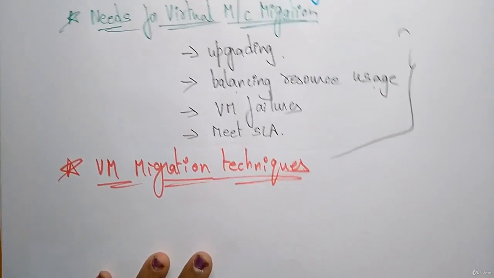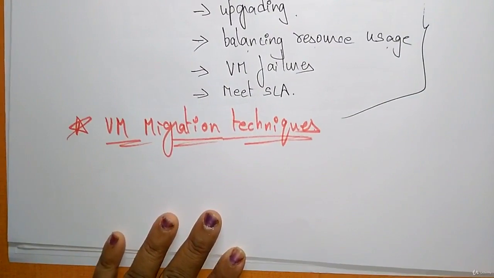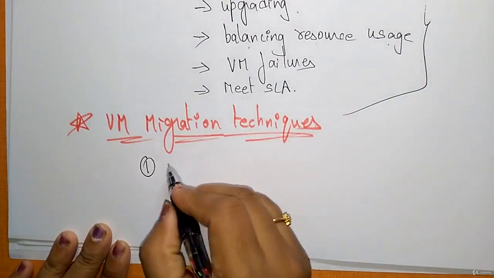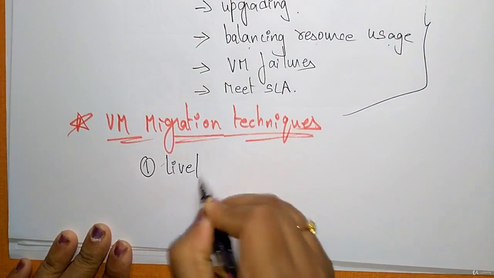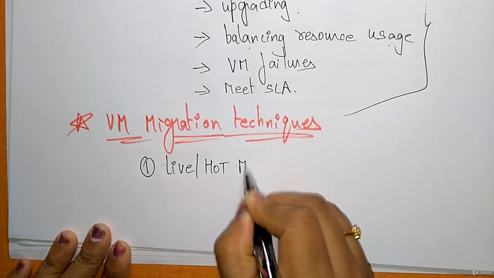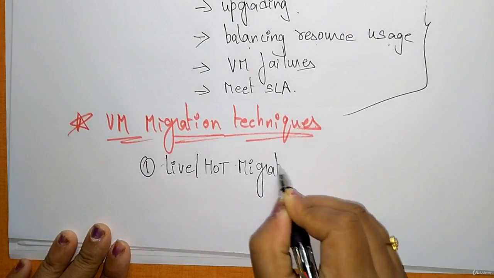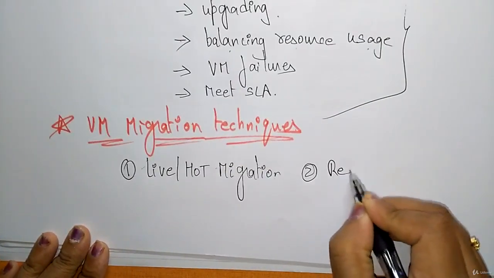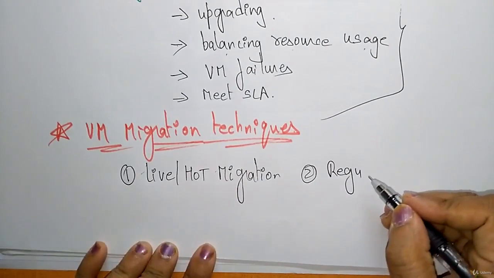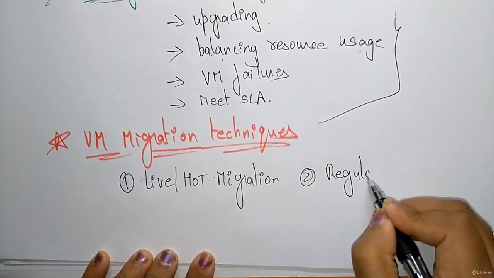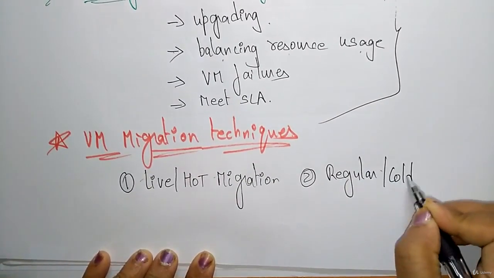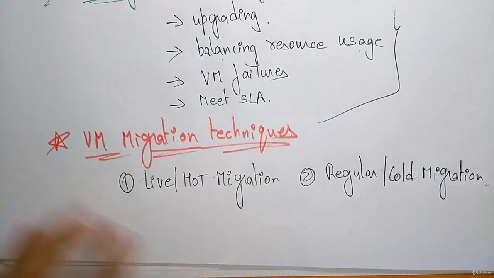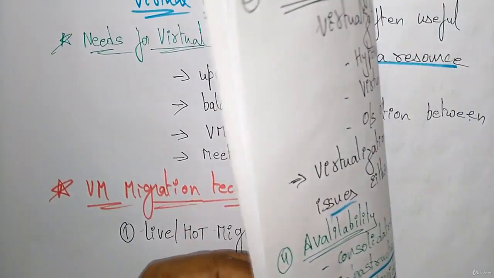One is live or hot migration and another is regular or cold migration. These are the two different virtual machine migration techniques. Let's talk about each technique.